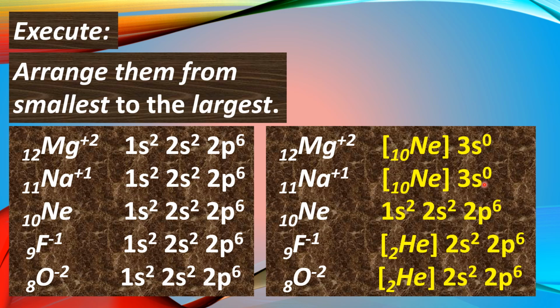And in the case of the negative ions, the bracket helium is used to represent their two inner electrons. And notice that both fluoride and oxide ions have the same outermost configuration, that is 2s2, 2p6.